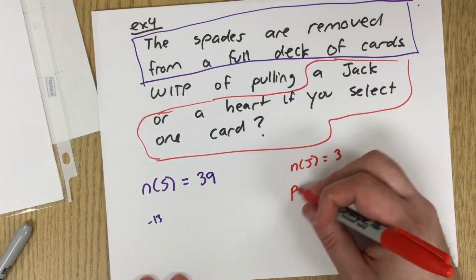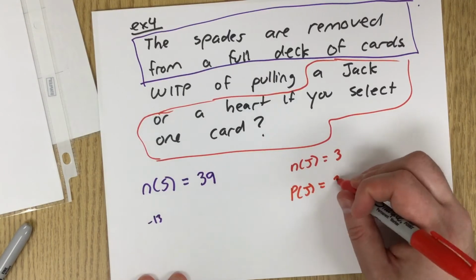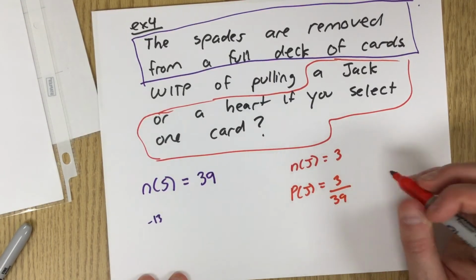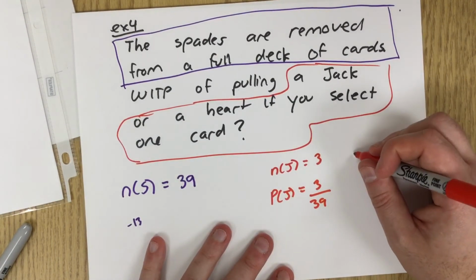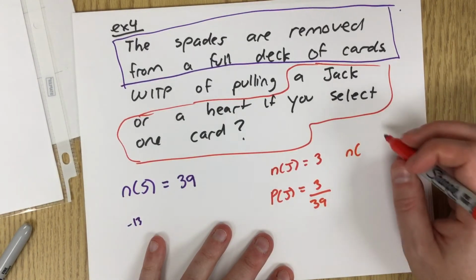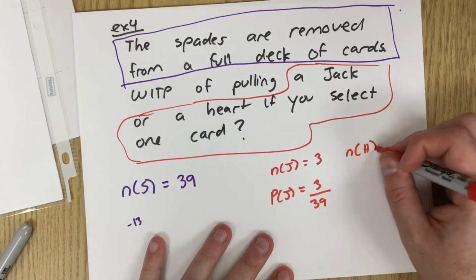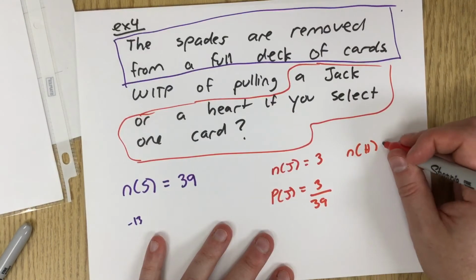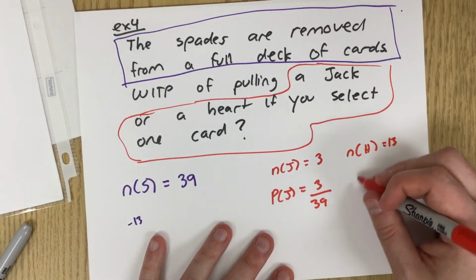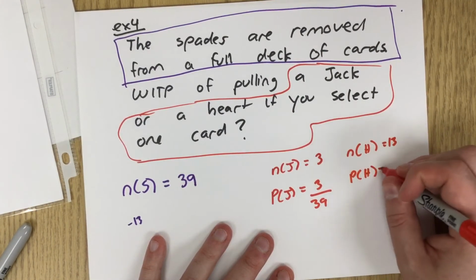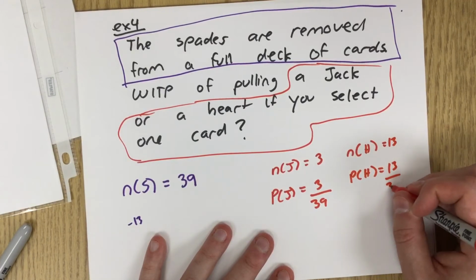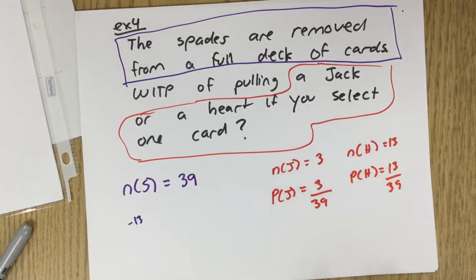Or, to put another way, the probability of pulling a jack is going to be 3 out of the 39. Now, the number of hearts, all we did was remove the spades, so there's still 13 of those. So the probability of getting a heart is 13 out of 39, or 1 out of 3.